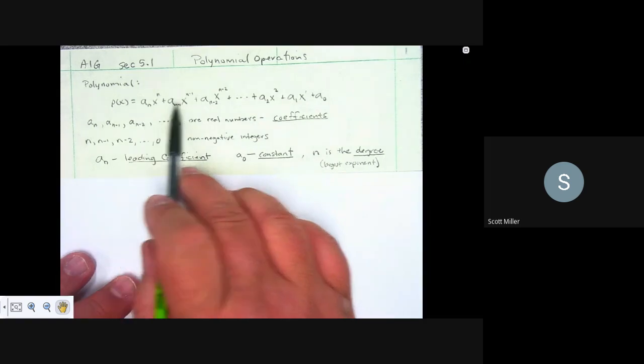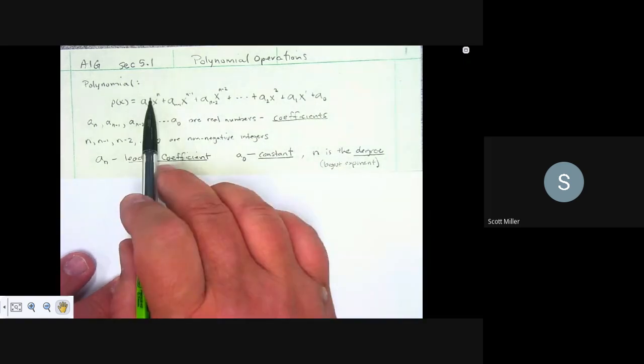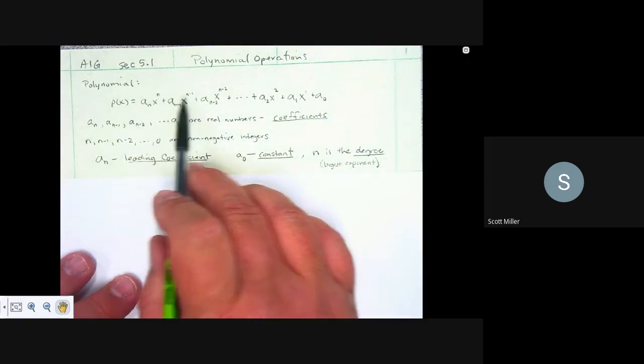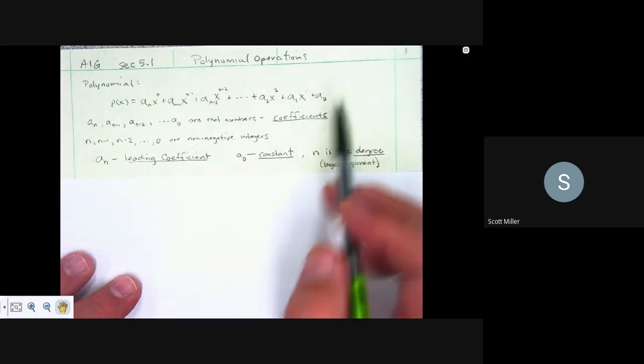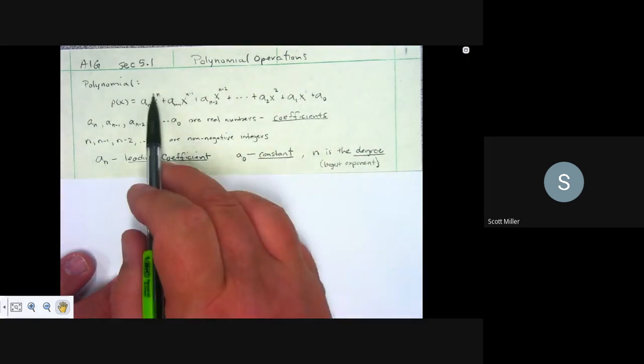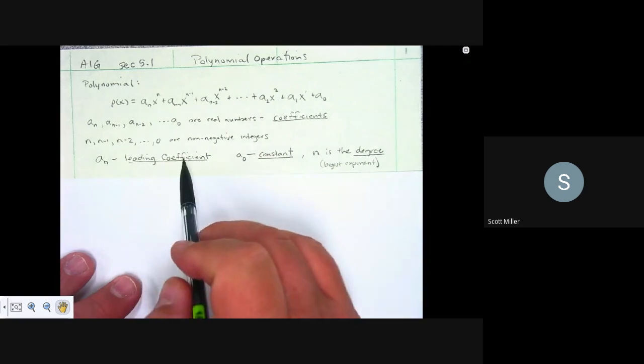This is the proper standard form for a polynomial. It's from the highest exponent all the way down in decreasing order down to the constant. A sub n is the leading coefficient.